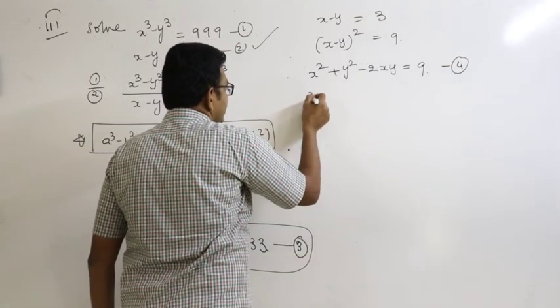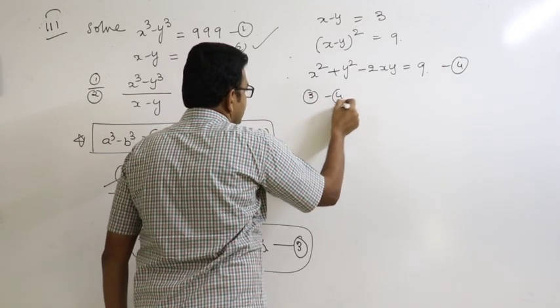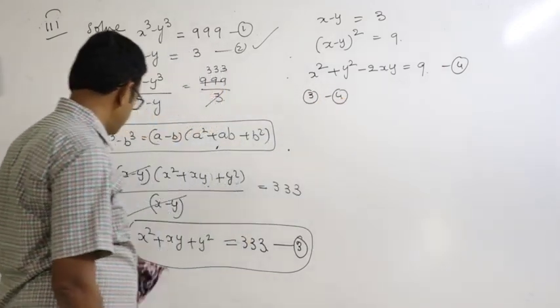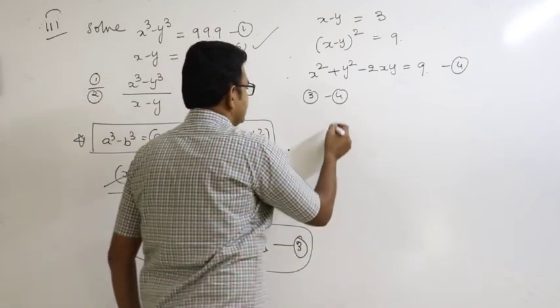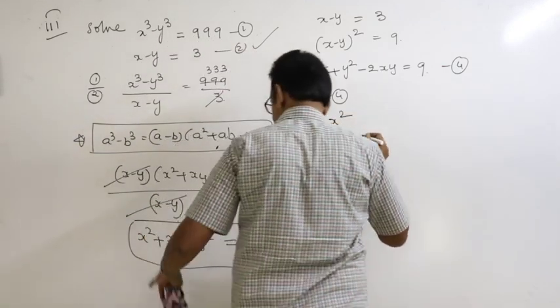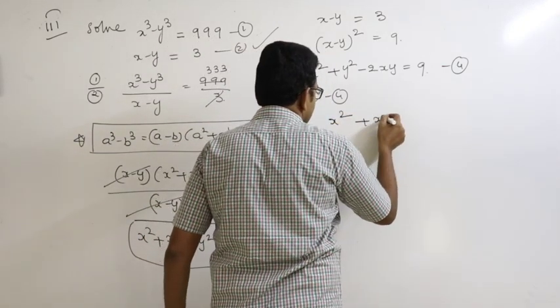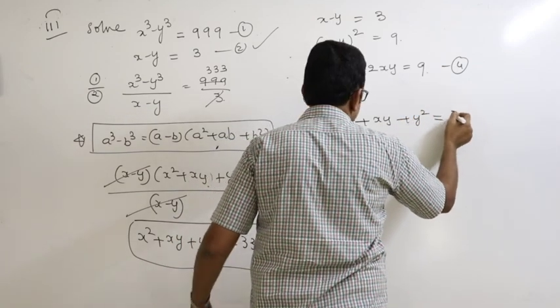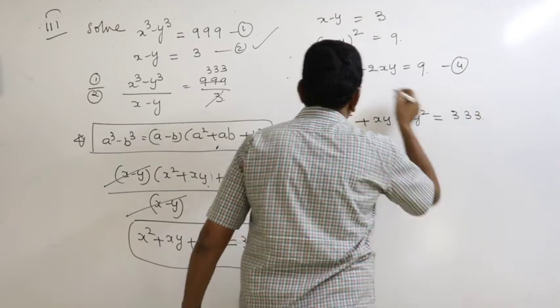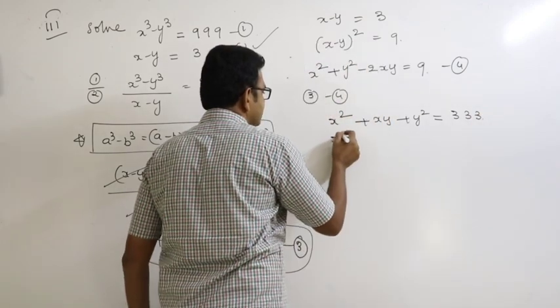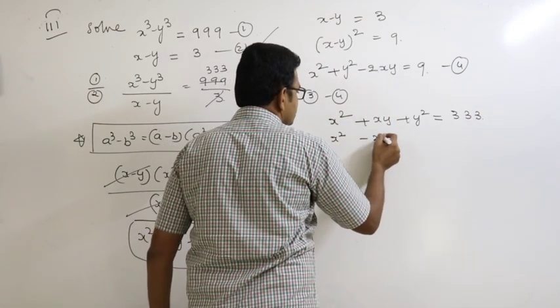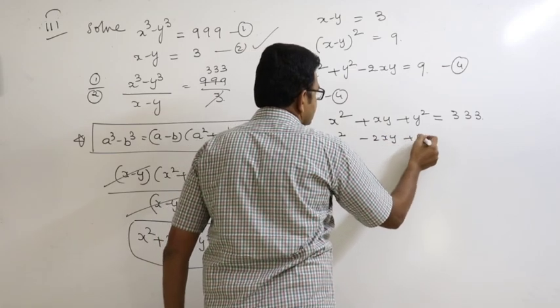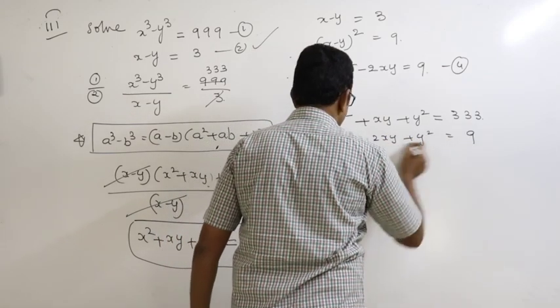Now write third equation minus fourth equation. The third one is x square plus xy plus y square is equal to 333. And the fourth one is x square minus 2xy plus y square is equal to 9.